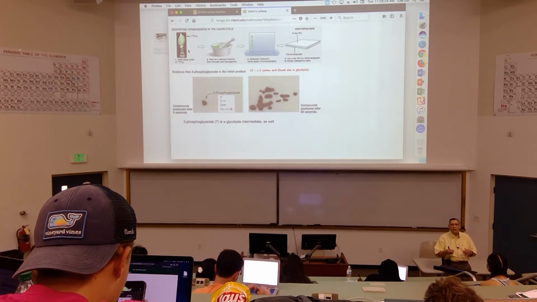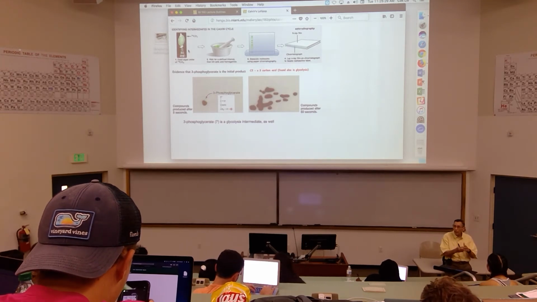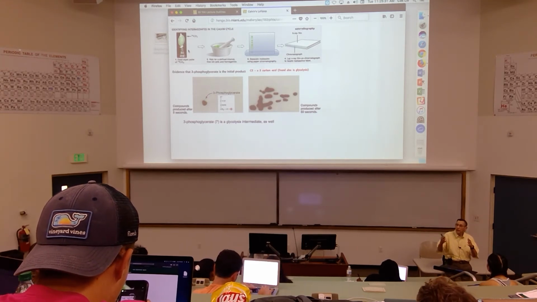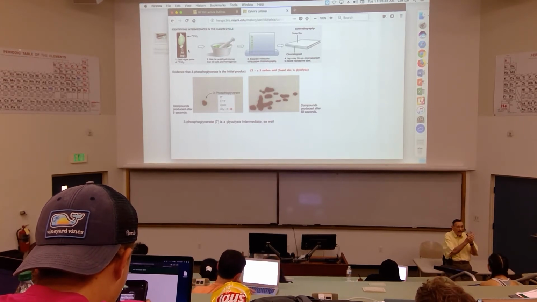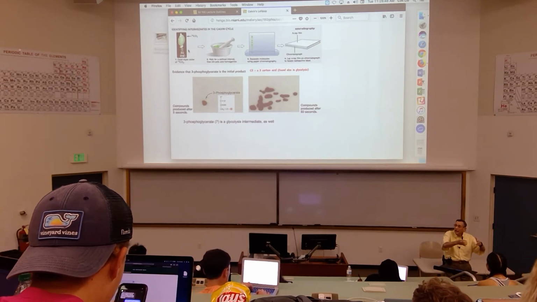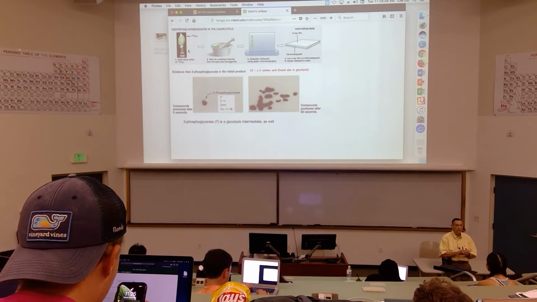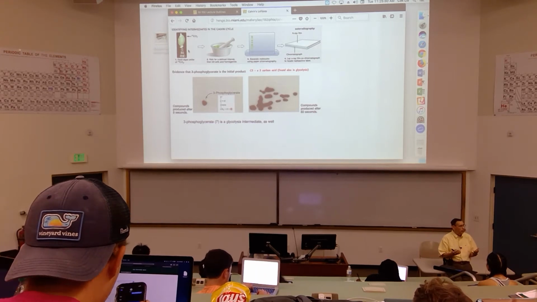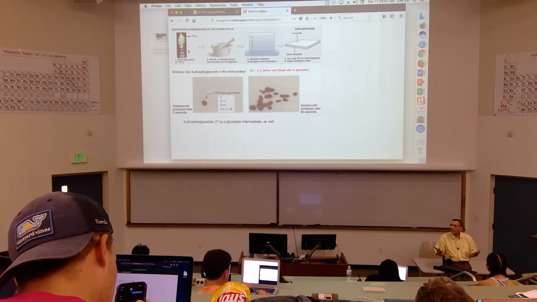Light will interact with those, and it will ionize the silver bromide, release the bromine, and leave behind a silver grain, a little tiny piece of silver. You then take it into the darkroom, and you use chemicals, and you wash away the bromine, and what's left behind are metal deposits where light interacted with the sample. So when you look at a black and white photo, what you're seeing in the black is the metal that is there.